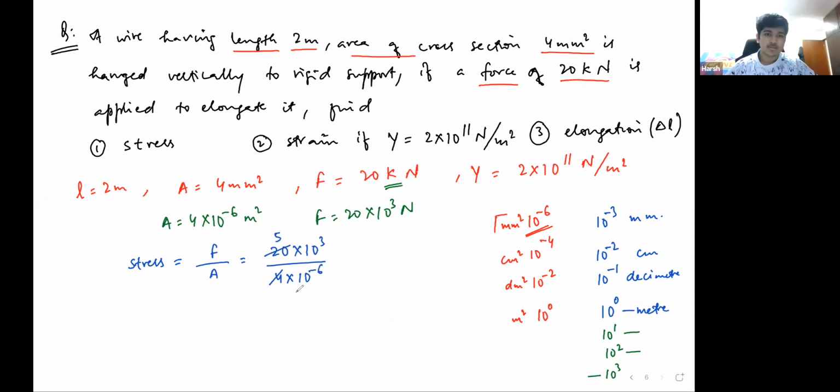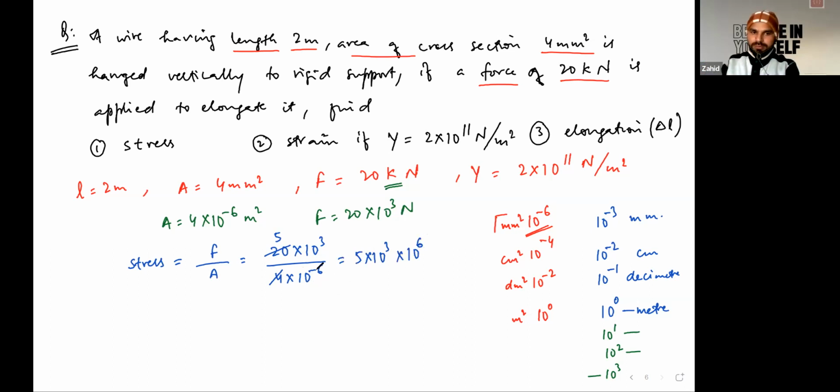Now we have 10 to the power minus 6 in the denominator. If you move this term into the numerator, its exponent will become positive 6. So it will be 5 into 10 to the power plus 3 and 10 to the power plus 6 on bringing this term to the numerator.